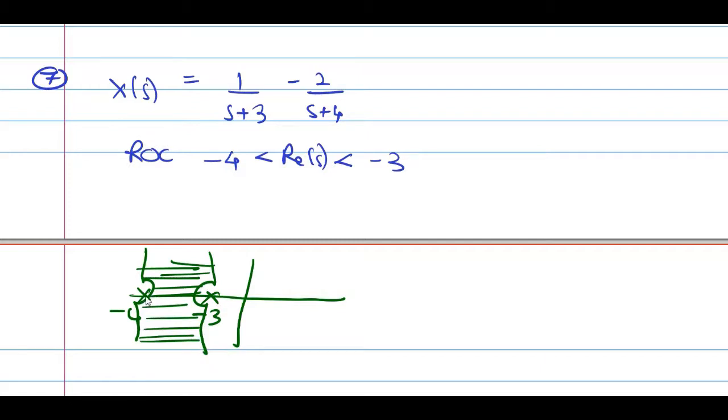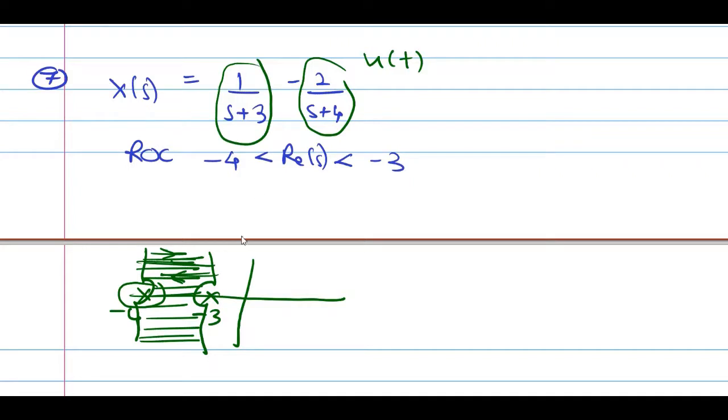Greater means this side, right side, and less means left side. If I am standing at minus 4 pole, then it is going towards right hand side. So while taking the inverse, u of t will come, and while taking inverse of this, u of minus t will come, because it is going towards left hand side.